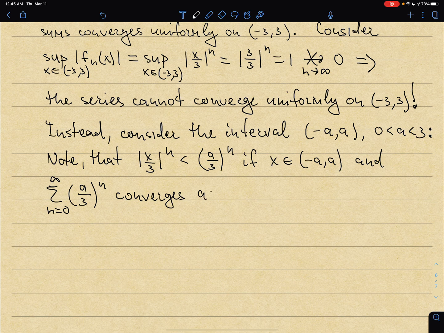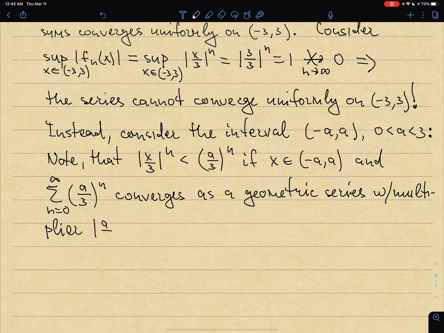It converges as a geometric series with a multiplier which has absolute value less than 1.